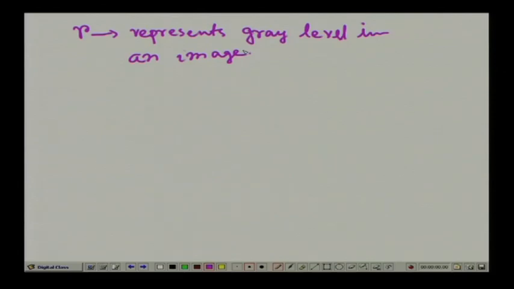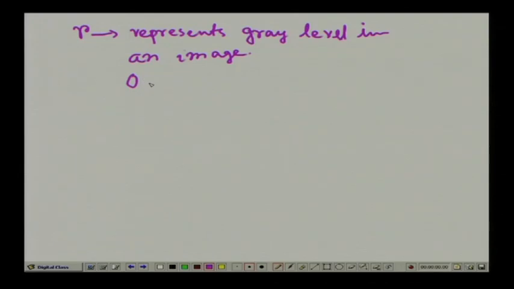And for the time being, we will also assume that the pixel values in an image are continuous and they are normalized in the range 0 to 1.